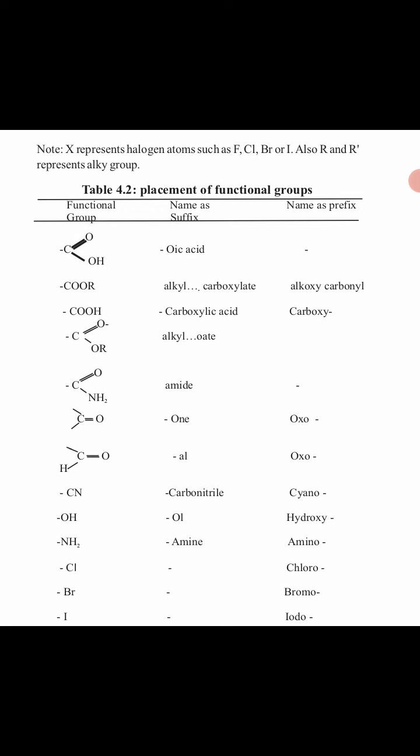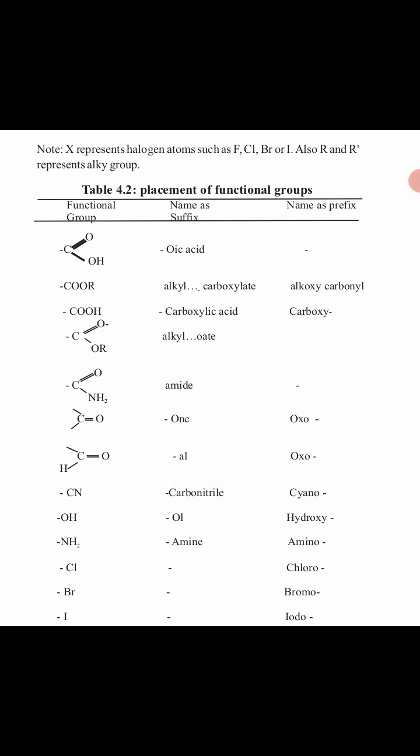When it is used as a suffix, that's al: pentanal, hexanal, propanal. Then CN, carbon nitrile, when it's used as a suffix, and cyano when it is used as a prefix.